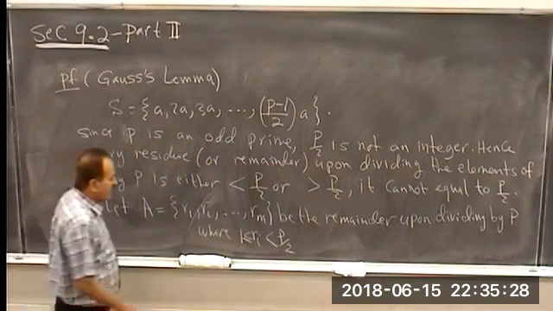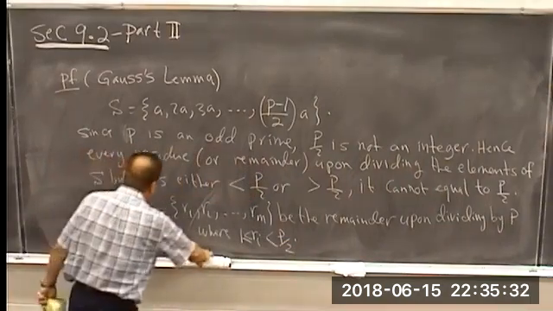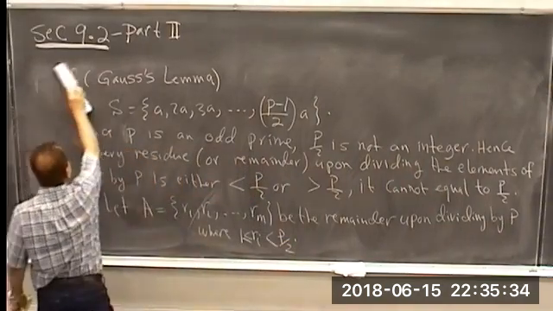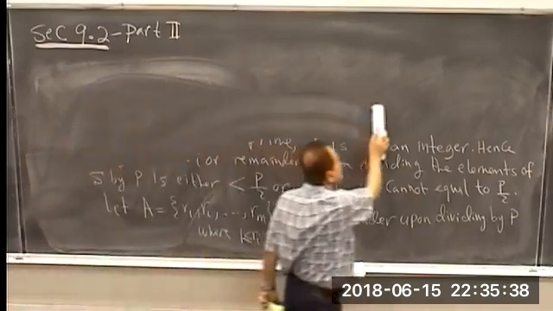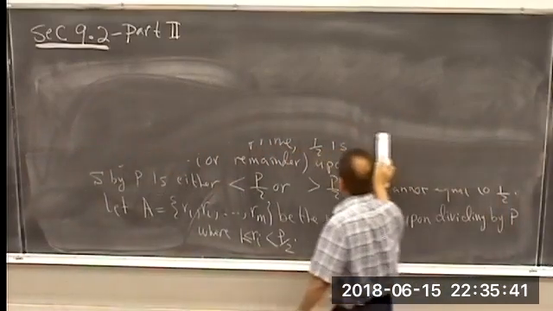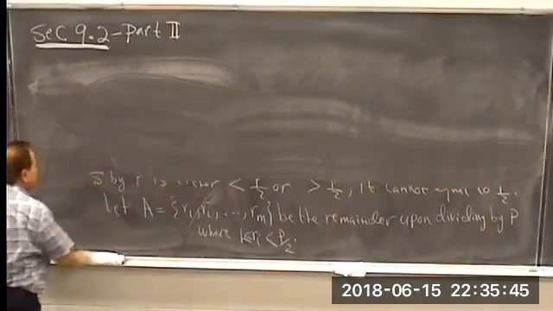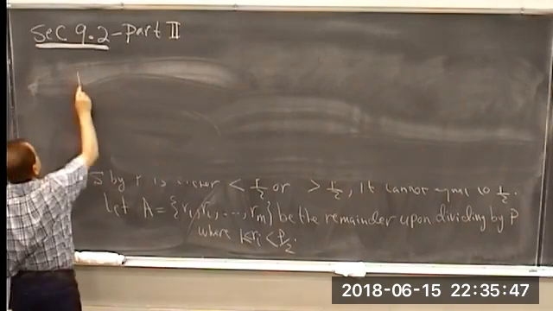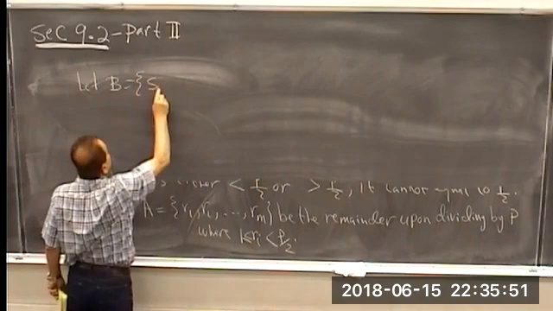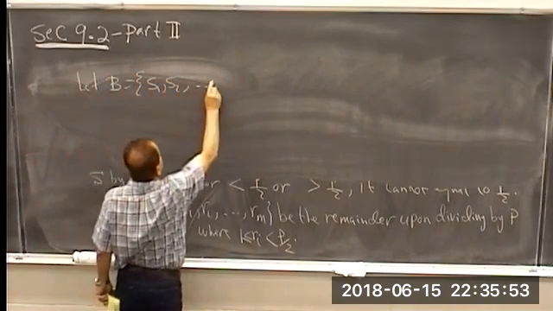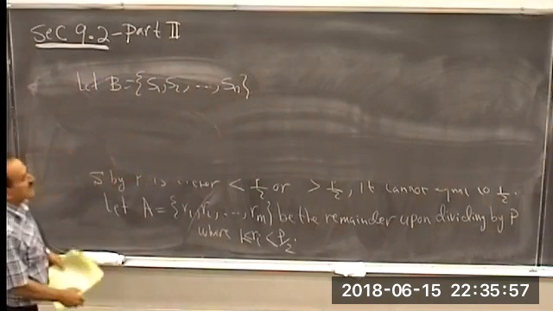And we're going to define the set B to be S1, S2 up to S sub n. And this n is the same as the n in the lemma itself.